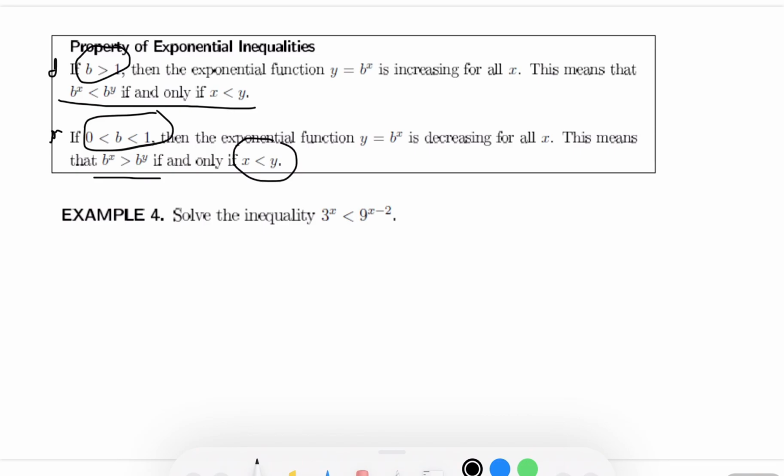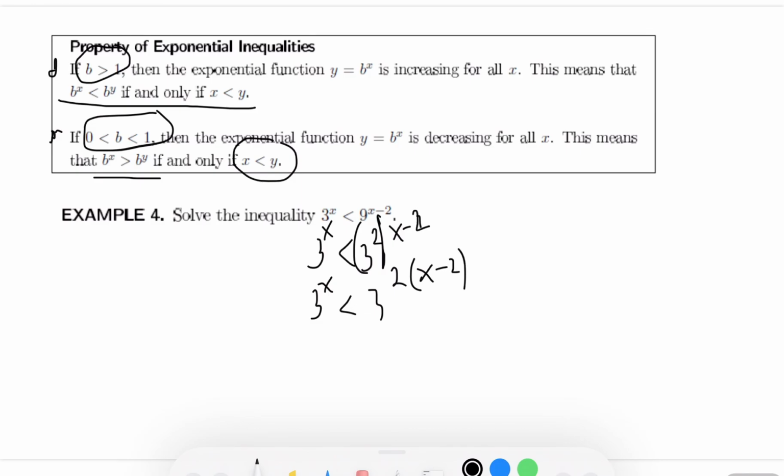For example, solve the inequality 3 raised to x is less than 9 raised to x minus 2. So again, we'll do the same as with the exponential equation. We can write 9 as 3 squared, then x minus 2. So we have 3 raised to x is less than 3 raised to 2 times x minus 2.